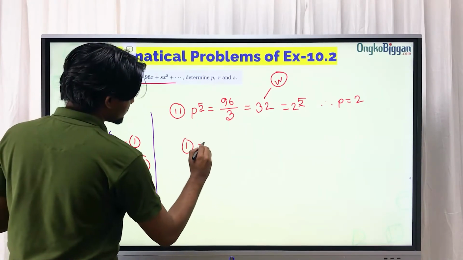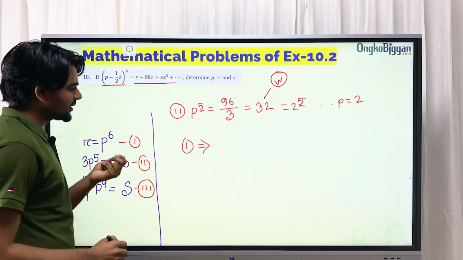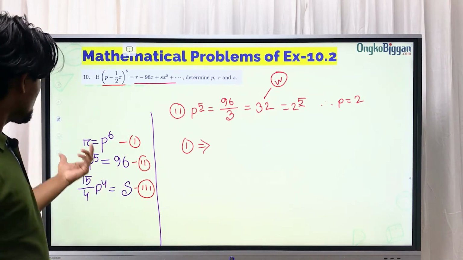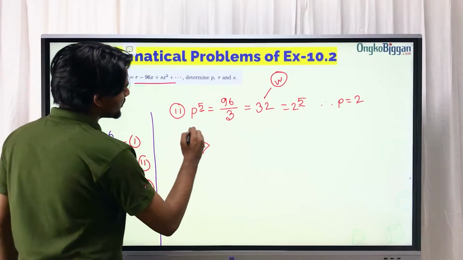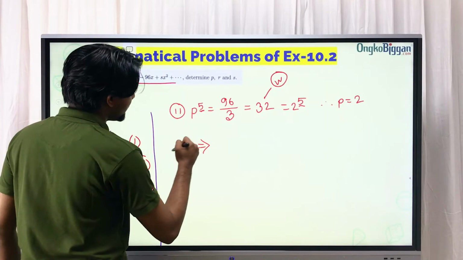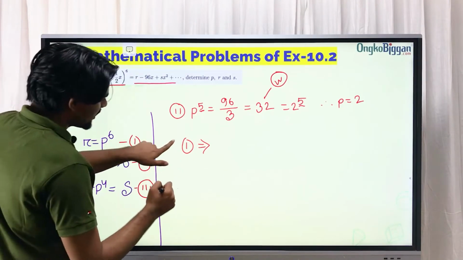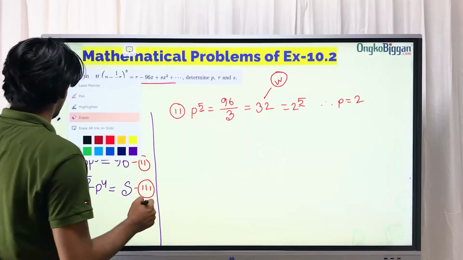So I am working with 1, putting the value of p in 1. Let me write it in this way because it looks much better.